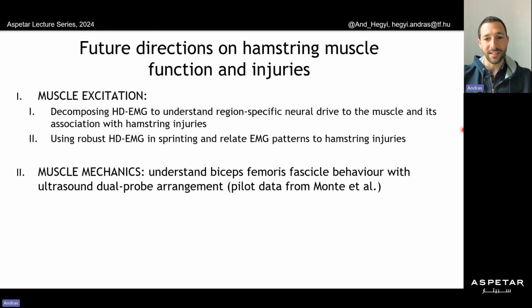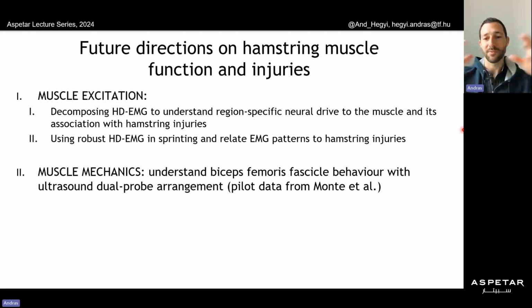And as I said, it's very, very difficult to measure fascicle behavior of the biceps femoris. But again, with some from the University of Verona, Andrea Monte has some very promising pilot results. Because since I started my PhD almost 10 years ago, we had huge technological developments also on this part.